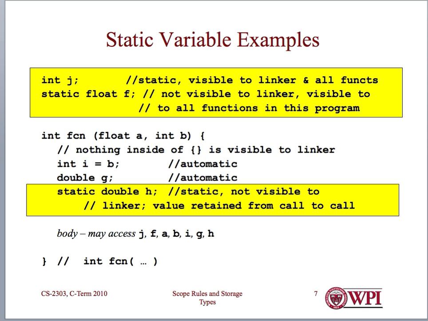But what this does is it means that next time I call fcn, whatever value h has as a result of any operations we do inside this function, that value will be retained, so we can reuse it, we can add to it, we can do whatever we want with it, but it'll be retained across the function call. Unlike i and g, which will go away as soon as we hit this closing curly bracket. And if we call the function again, they'll be recreated, reinitialized, and used throughout the function until we get to the closing curly bracket again.